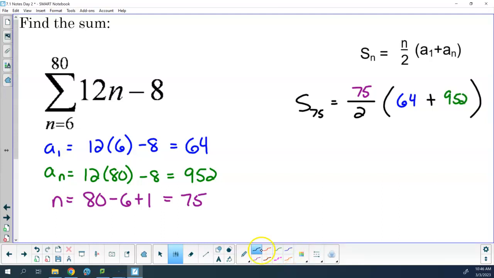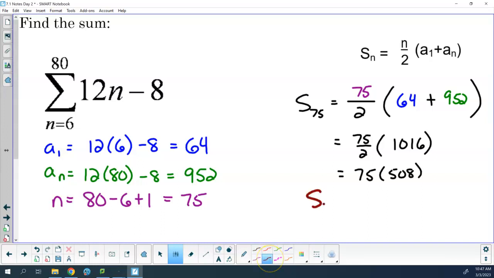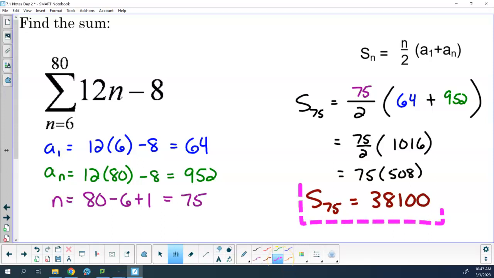Ooh, I need a calculator on this one. 64 plus 952 is 1016. 1,016 divided by 2 is 508. The sum is 38,100. Yep.